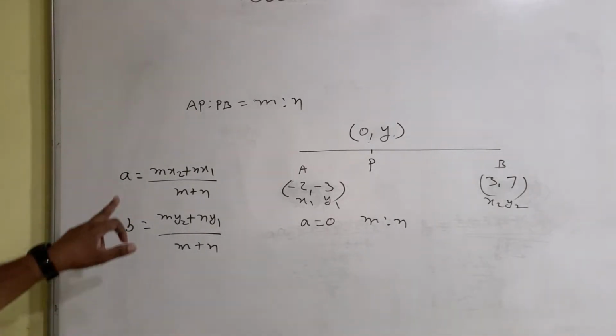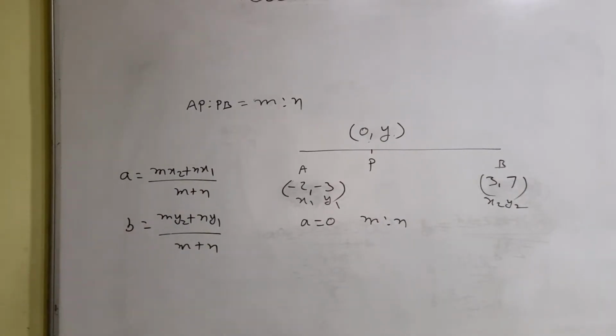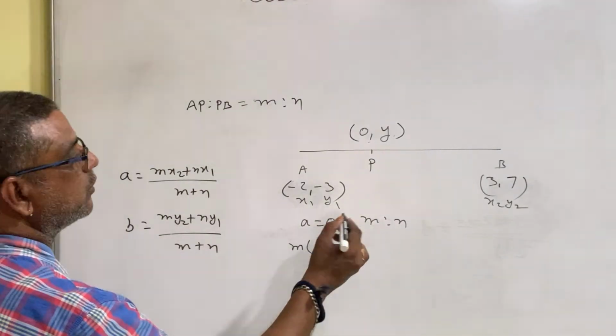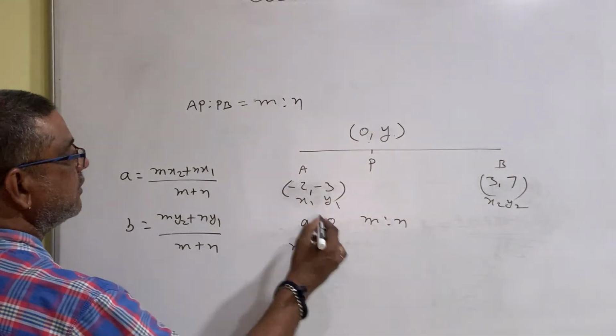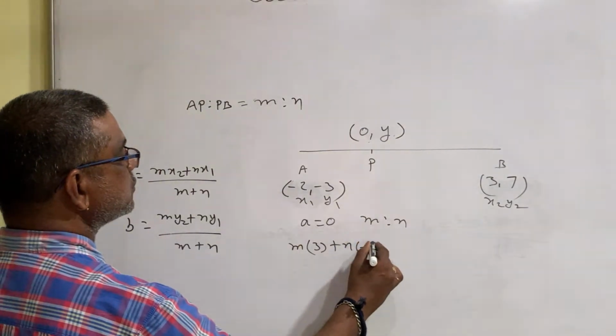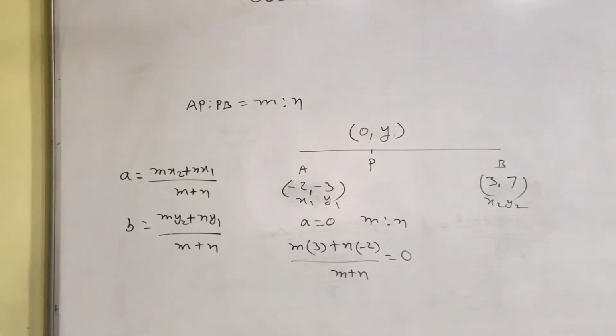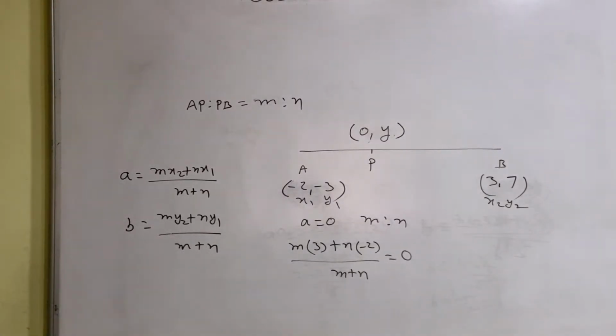Now substitute the values we have in the formula. m we don't know, but x2 we know, x2 is 3, plus n we don't know, x1 is minus 2, by m plus n is 0. Is that understood, children? We don't know m, we don't know n, but we know x2 and x1.